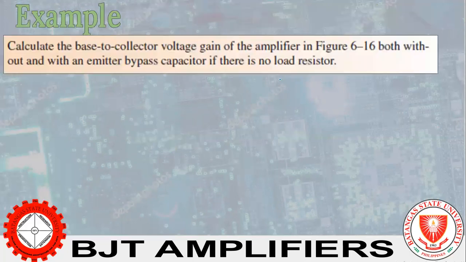Okay? So, dito, calculate the base to collector voltage gain of the amplifier both without and with an emitter bypass. There is no load. So, doon sa 6.16, ang RE prime natin kanina is 6.58.